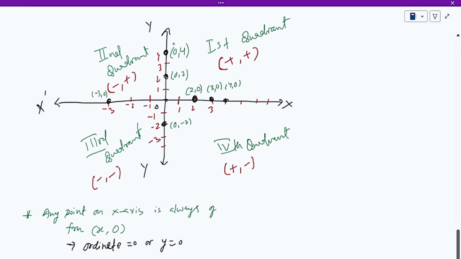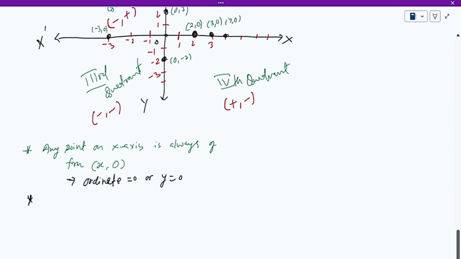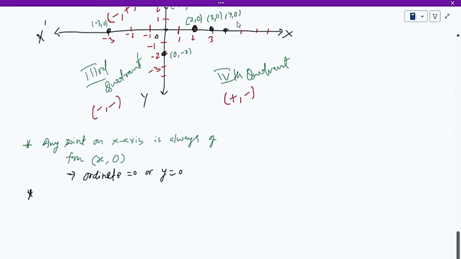So we found that on the y-axis the coordinate is of the form 0 comma y, or we can say that the abscissa will be 0.